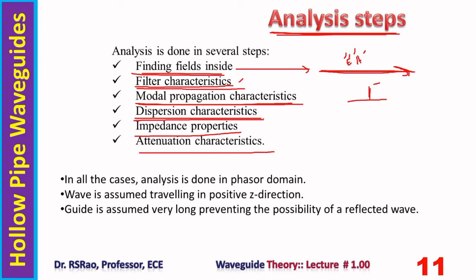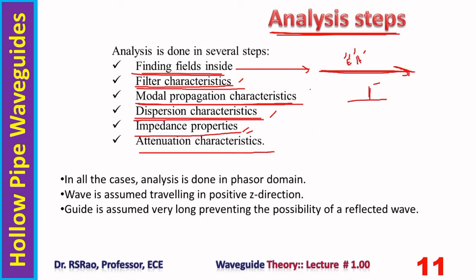Velocity, impedance, etc. all change with the frequency or wavelength. So their behavior is dependent upon frequency or wavelength. That particular aspect is studied under dispersion characteristics. Impedance properties. Two types of impedances are there, wave impedance and characteristic impedance. When it comes to waveguides, those two impedances are studied and expressions for them are derived.